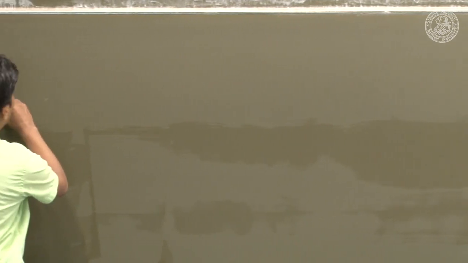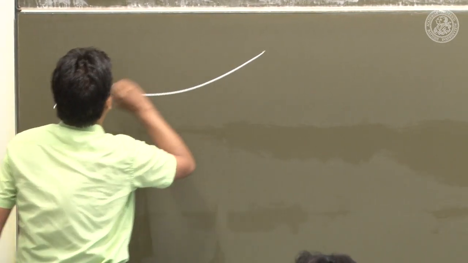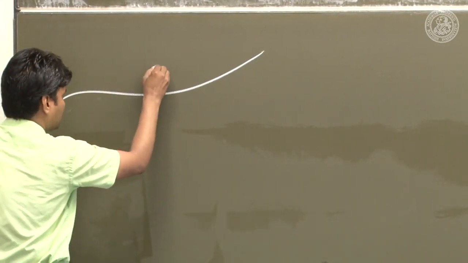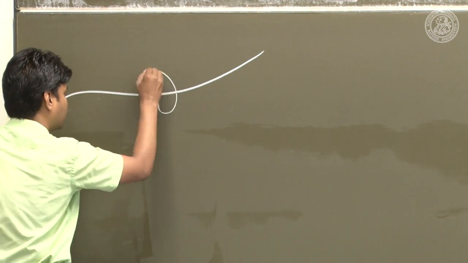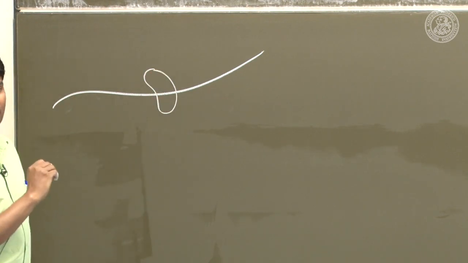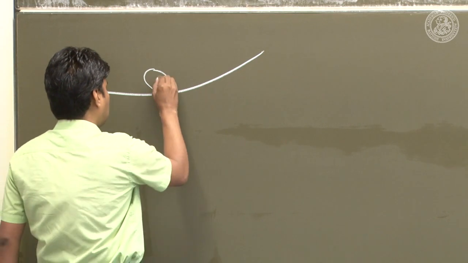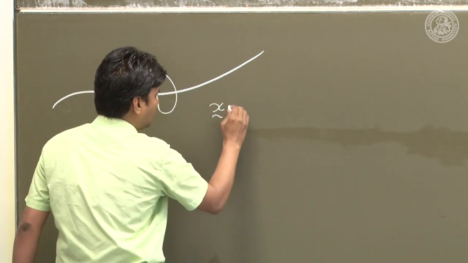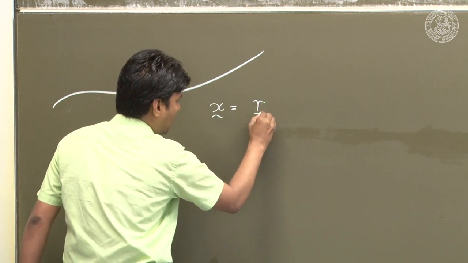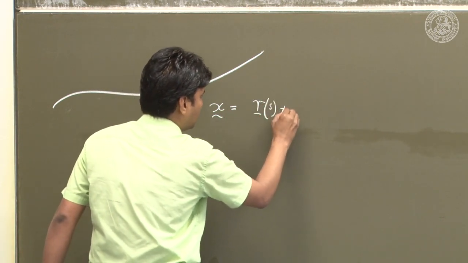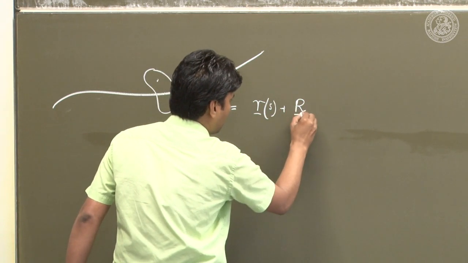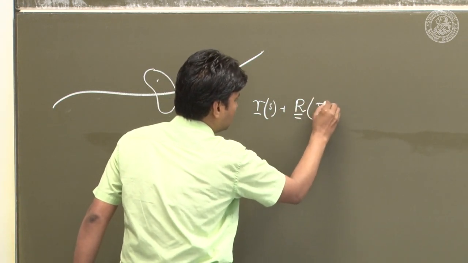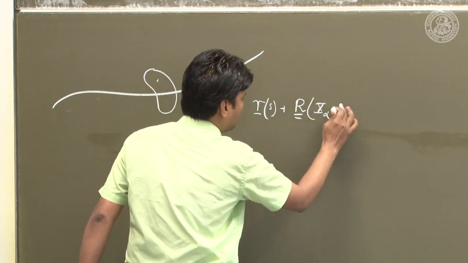So, here is your cross section, and any point on the cross section here, little x, is simply your little r of s plus big R into x alpha E alpha, isn't it?